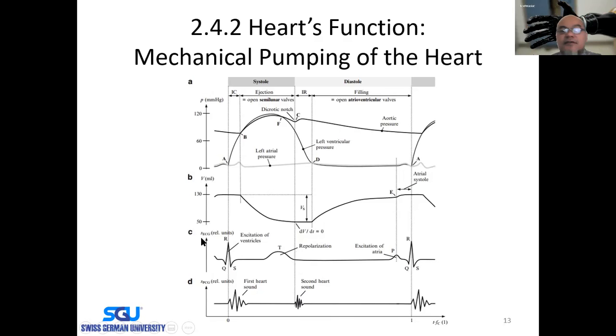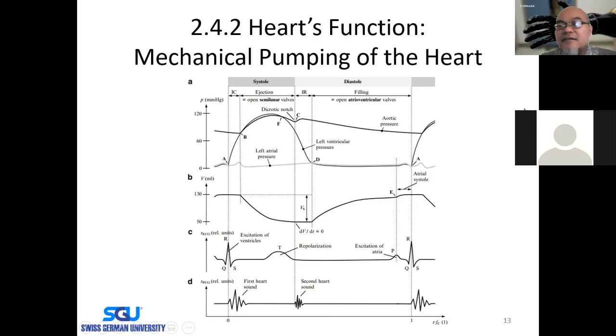While the first heart sound, the larger amplitude sound, is heard when the ejection occurs. So the lub dub. When we try to hear this using a stethoscope, this is what makes the lub dub sounds. Okay, is it clear? Any questions so far?